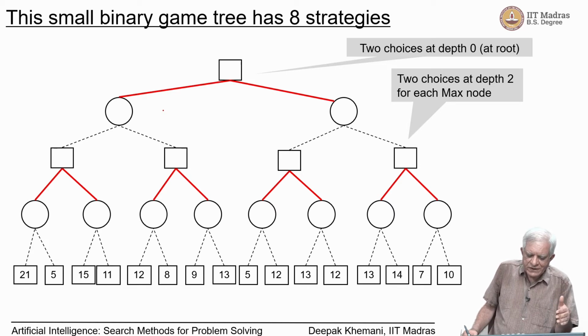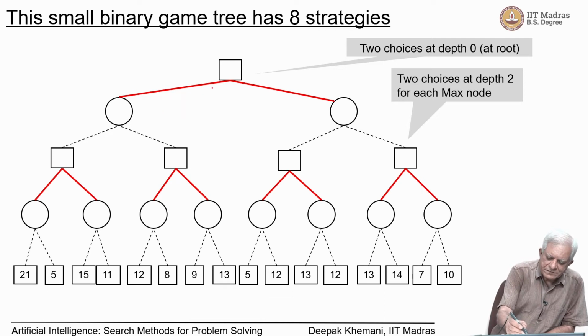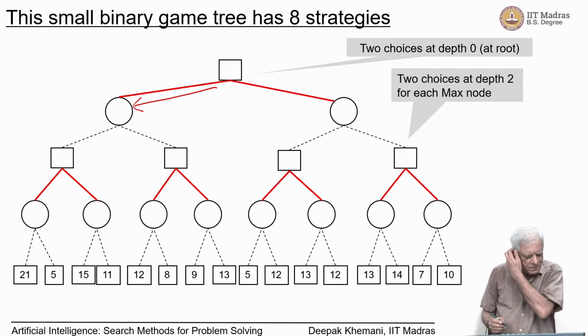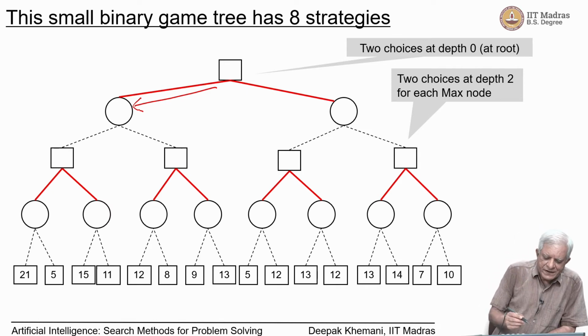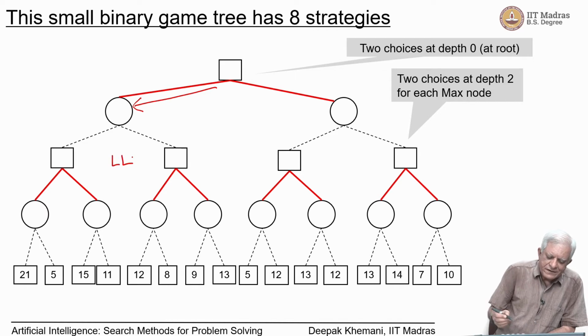max has 2 choices for every node essentially, which means that if you look at a combination, then if max chooses the left path or chooses a strategy which is going down this left branch, then this strategy can be refined into 4 different strategies. So, in one strategy you will choose, let me write it here, left and left, which means that you are choosing this left here and this left here.